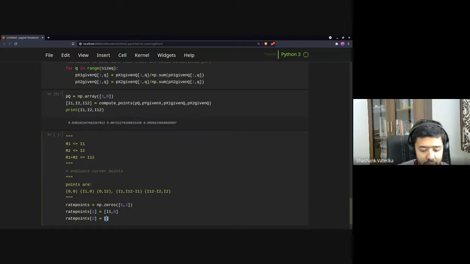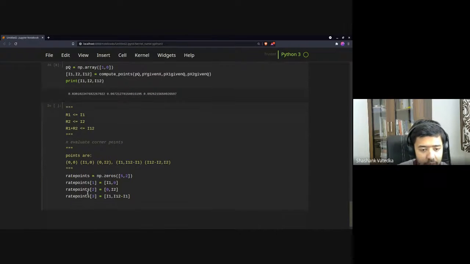Another point is 0 comma I2. I1 comma I12 minus I1, and the last point is I12 minus I2 comma I2. Okay, so let's try to plot these.